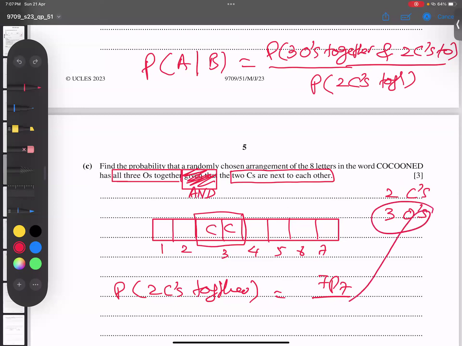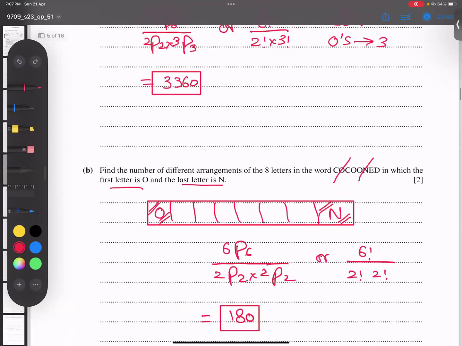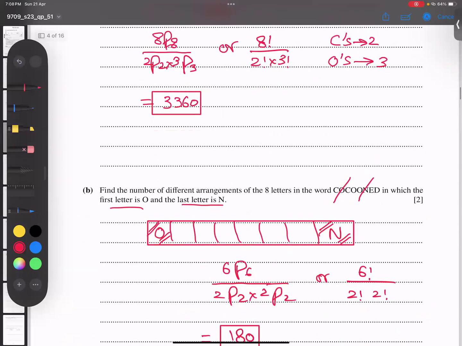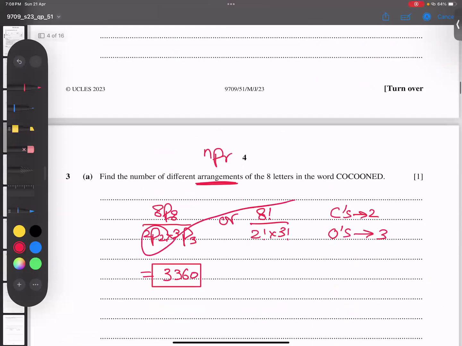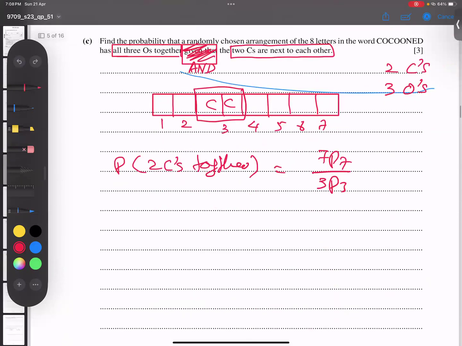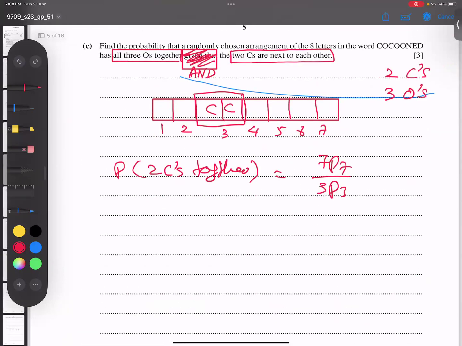But the three O's are repeating, so 7P7 divided by 3P3. This is the reason for dividing. Now these two C's I will not divide, because they are blocked inside, but I will divide by 3P3 due to the O's.